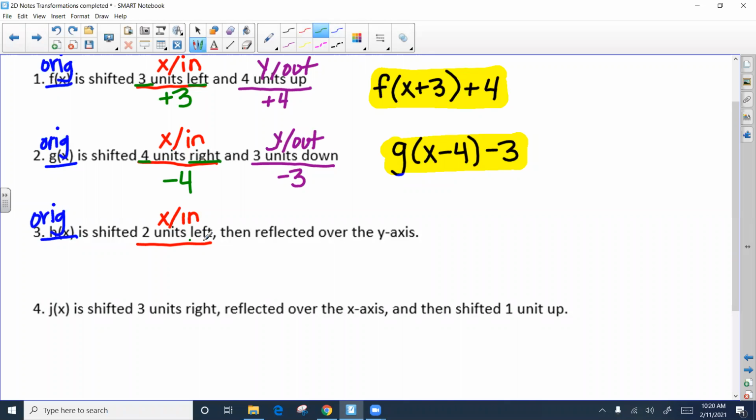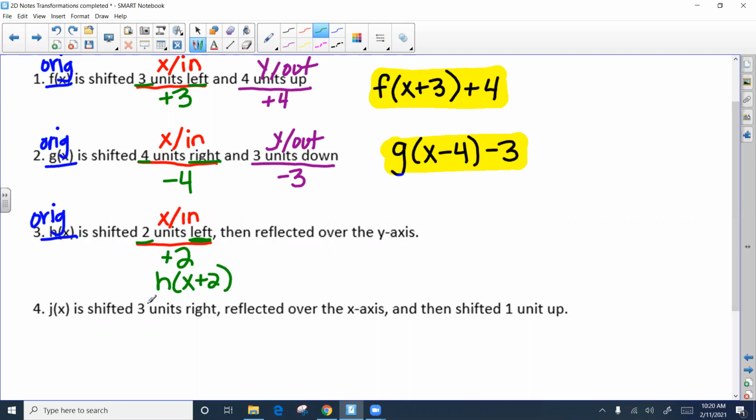And remember, anything with the x is the opposite operation. So 2 units to the left would actually be a plus 2 with the x. Okay, so that transformation, we're using function h as our original. Just this part of it would be h of x plus 2.